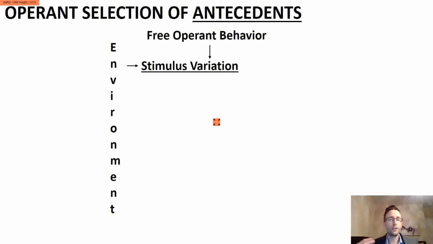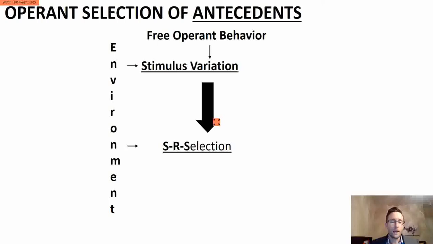So consider an organism engaging in some behavior freely. This is free operant behavior. They can engage in the behavior across a wide variety of antecedents, stimuli, contexts, different environments. So depending on the environment, there's going to be variation in the stimuli, context, or conditions or setting in which the behavior occurs.